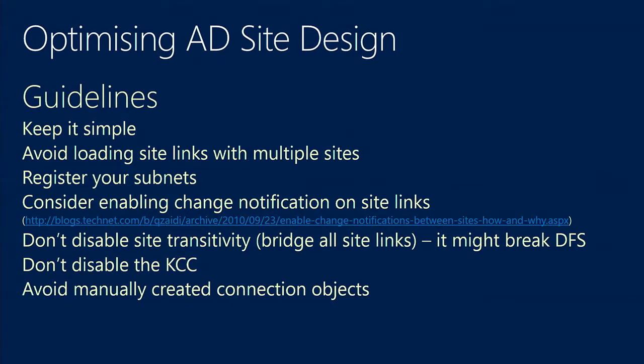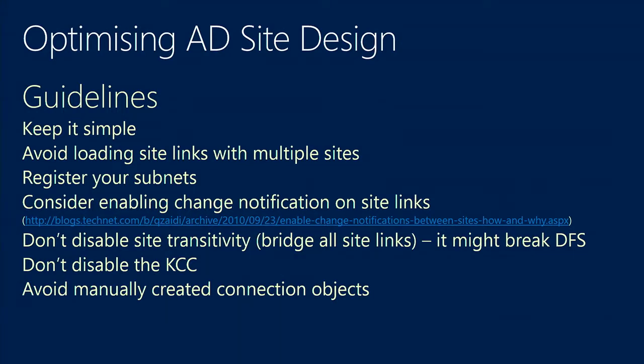In terms of the takeaways here, we've already mentioned avoiding loading multiple sites onto a site link. Make sure that you register those AD subnets. One of the things domain controllers do, I think every 24 hours, is log an event in the event log telling you which subnets are unregistered. An unregistered subnet, as I'm sure most of you are aware, is not good because it means the client has lost site affinity. When they log on, for example, group policy processing and authentication might be done from a DC in some far-flung corner of your network.